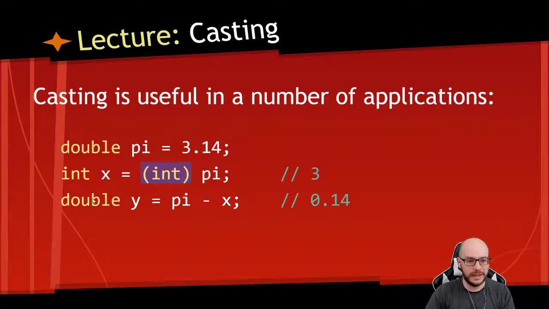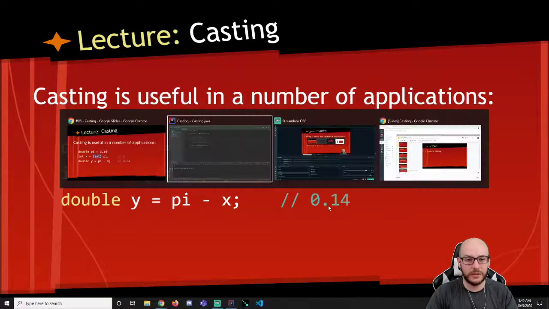And then lastly, I come in here with another double. I take my original value, I subtract out the cast, and mathematically what I have done here is I have separated the whole number portion from the fractional part. This is a pretty cool technique. Using casting, I can separate the whole number portion from the fractional part.